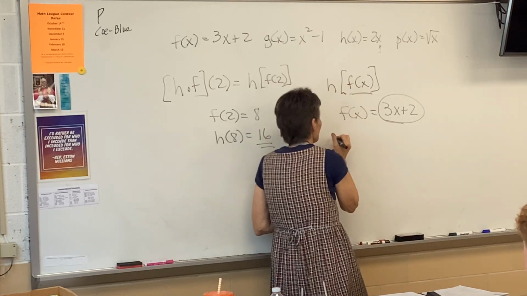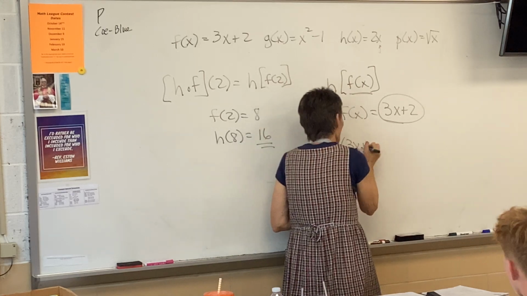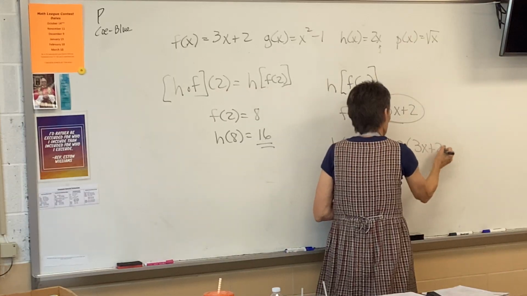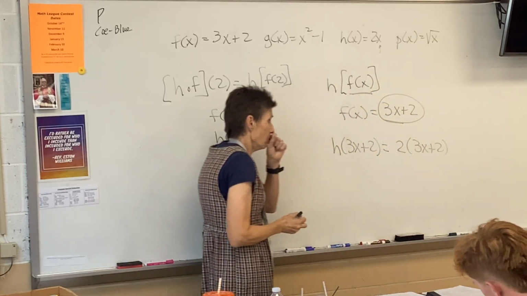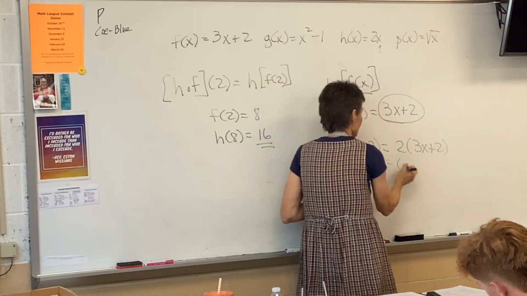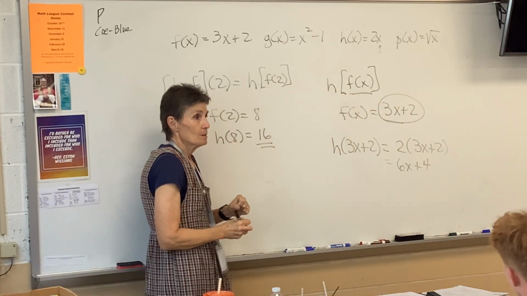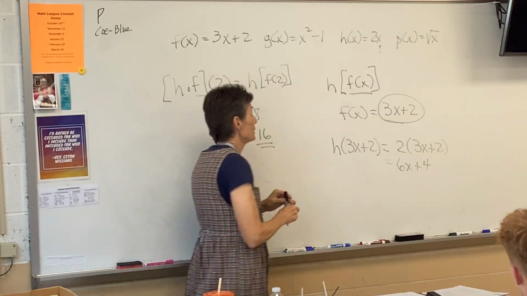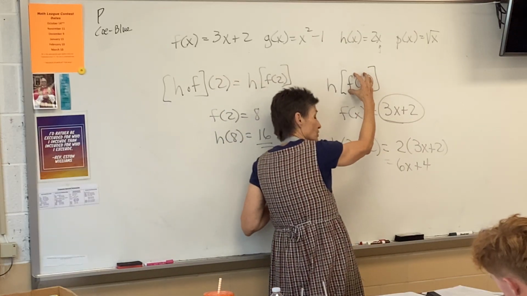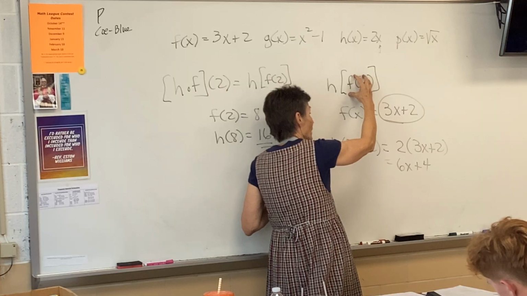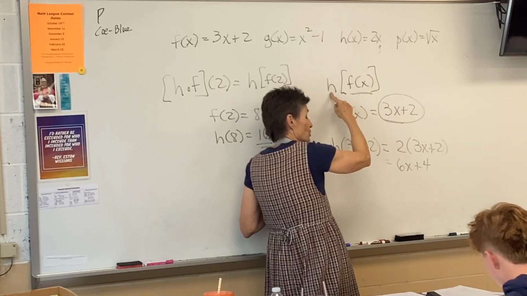So h of the whole function is going to equal 2 times the whole function, which would be 6x plus 4. So when there's no number, you're taking the whole darn function and plugging it in for x in the other function.